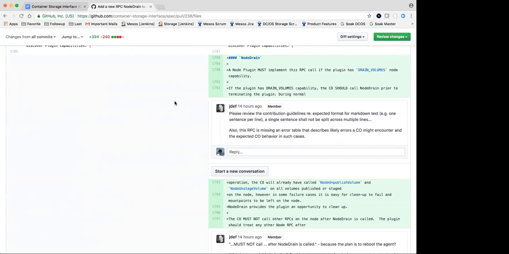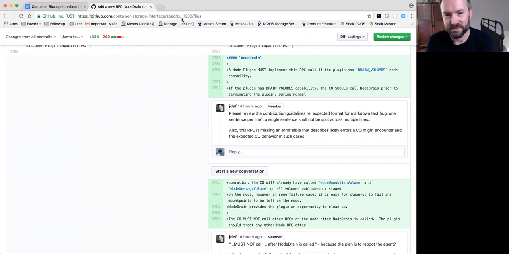So I have one question there. If you're saying that the first RPC to call is node drain, how do I figure out this plugin has no drain capability? Do I have to call node get capabilities first to figure out that this plugin has no drain capability, and then call node drain? Yeah, it wouldn't have to be the first RPC.